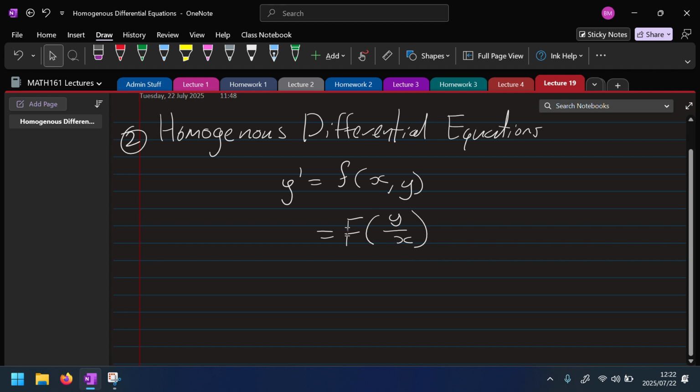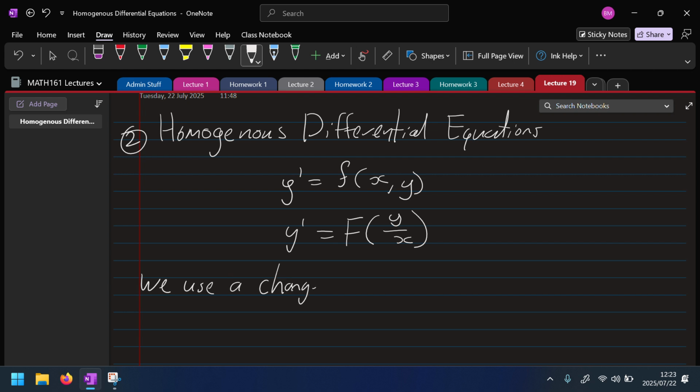Okay, so how do we go about solving this differential equation? We're going to use a change of variables. This inside variable for the capital F function, y over x, we're going to call u.